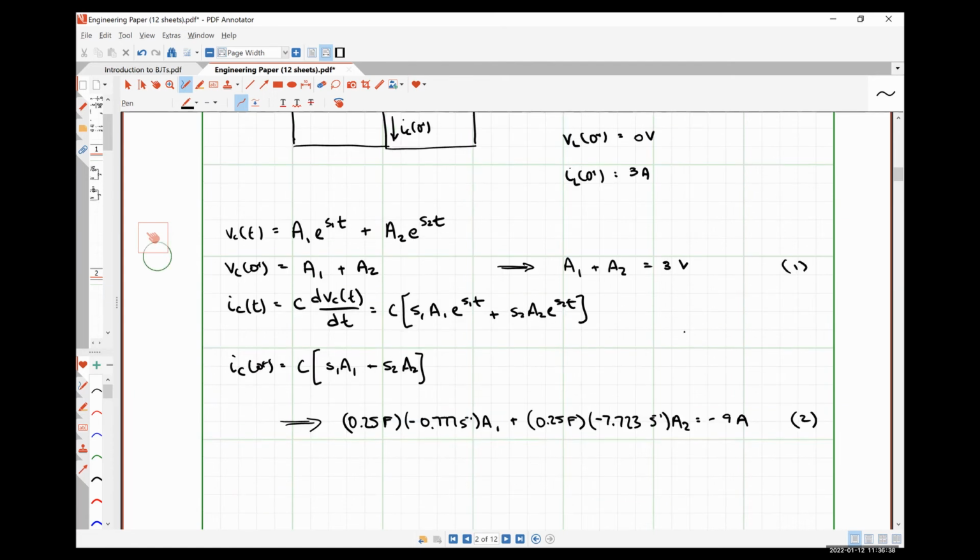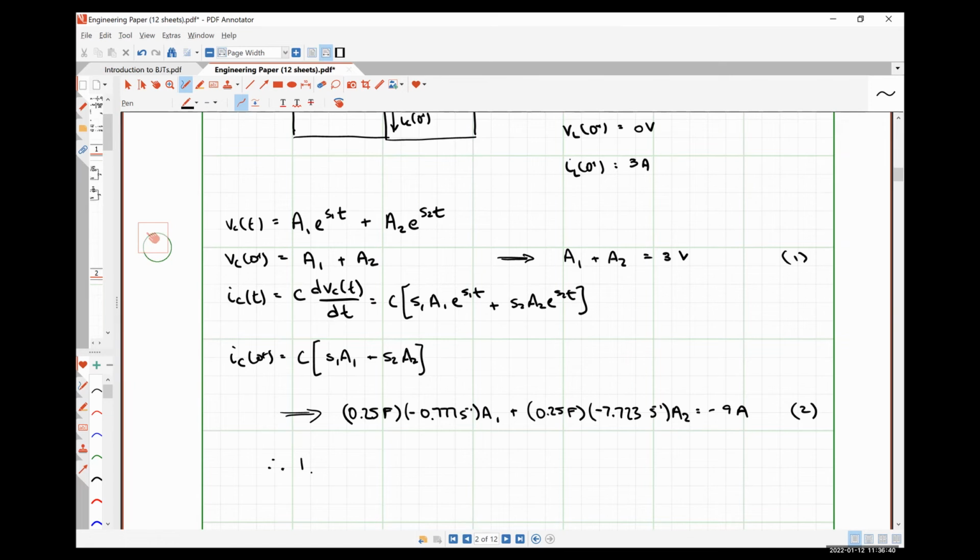I get A1 is equal to negative 1.847 volts. A2 is equal to 4.847 volts.